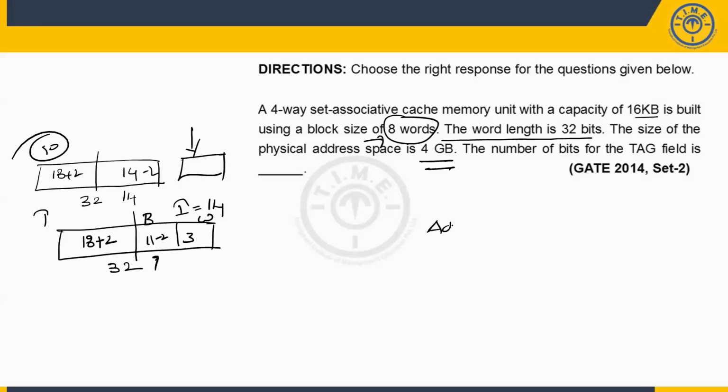For every address, there is a word. Here we are talking about address. Address contains index plus tag. But we are also provided with additional details of word size. In words, instructions get stored.